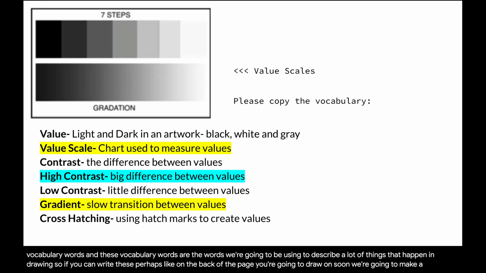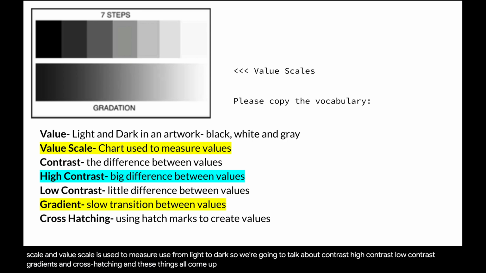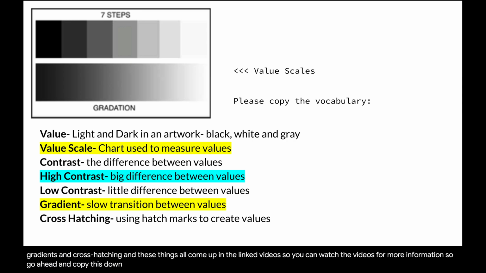We're going to make a value scale, and a value scale is used to measure values from light to dark. So we're going to talk about contrast, high contrast, low contrast, gradients, and cross-hatching. And these things all come up in the linked videos, so you can watch the videos for more information. So go ahead and copy these down.